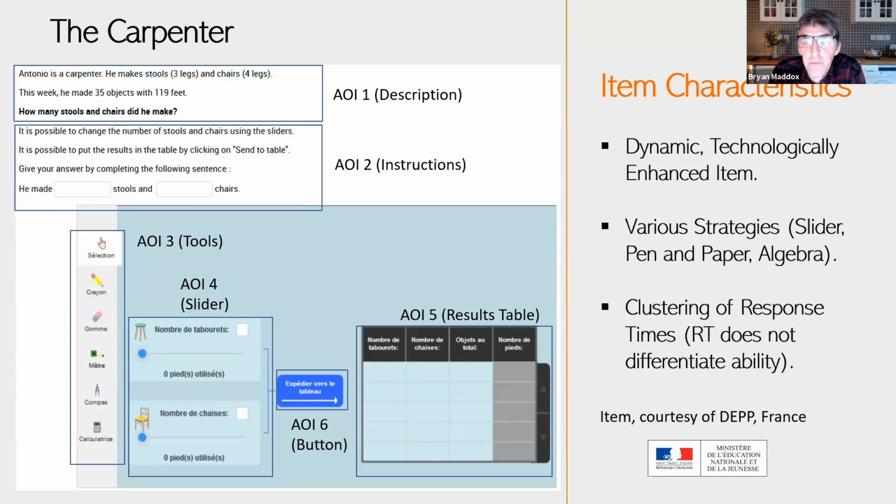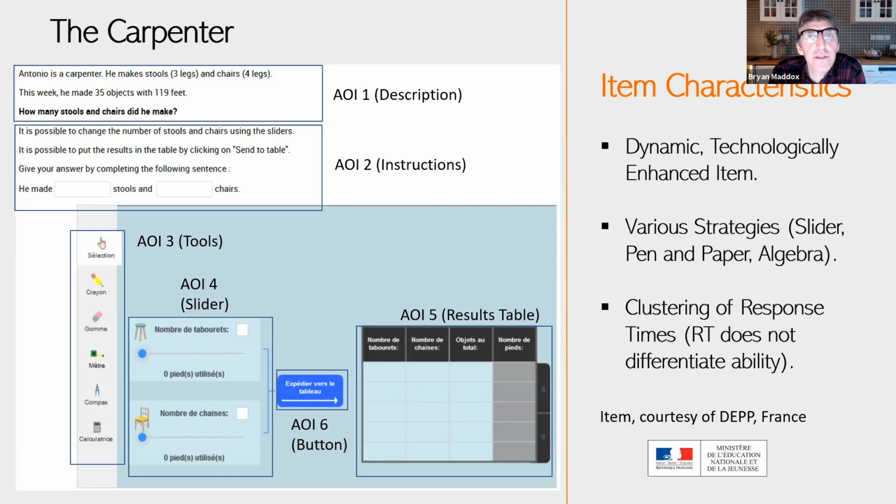And just as an aside here, DEP collects process data, log data from its respondents. But for this particular item, there are a number of questions about the process data and how it's interpreted.